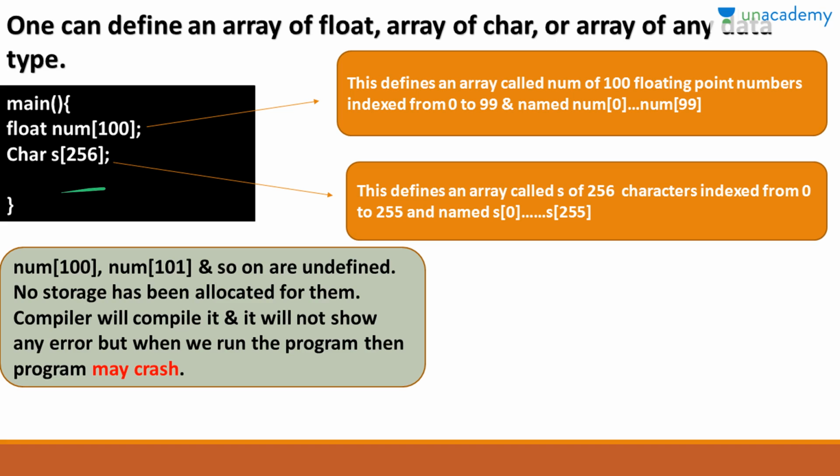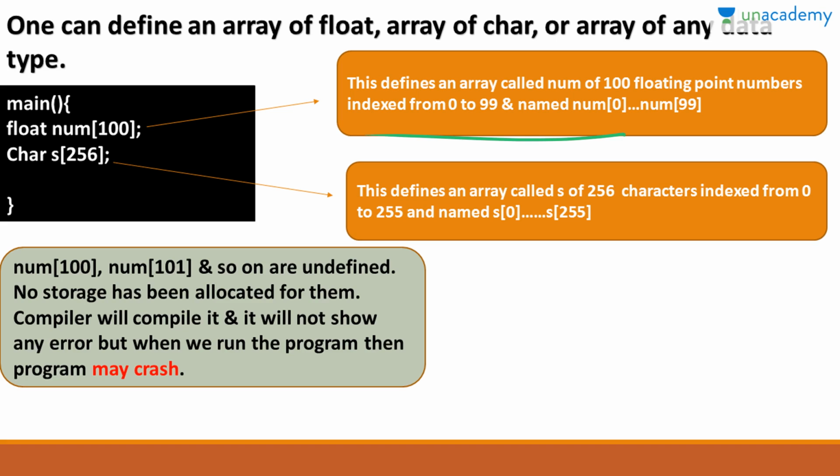So float num[100] defines an array called num of 100 floating point numbers, with index from 0 to 99 and names num[0], num[1], num[2] up to num[99].